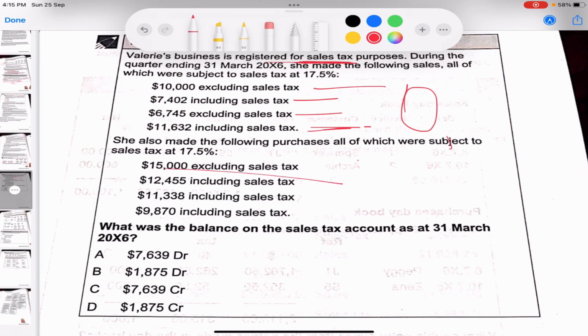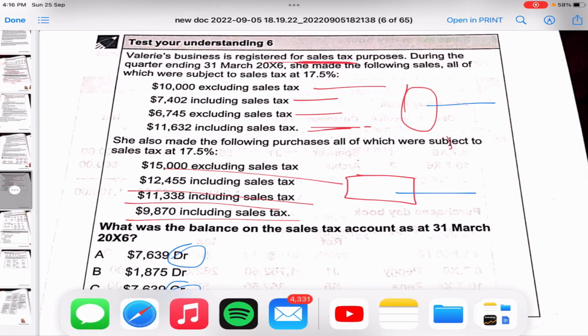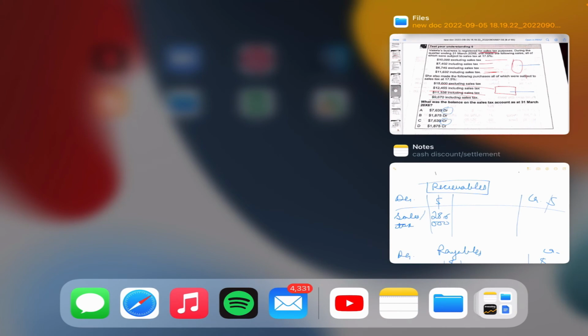After that, you're going to calculate this and add this. Now you're going to subtract this, and whatever balance you have will be your answer. And you know what debit balance is and you know what credit balance is. But let's still solve this question for you because some people might find it difficult.